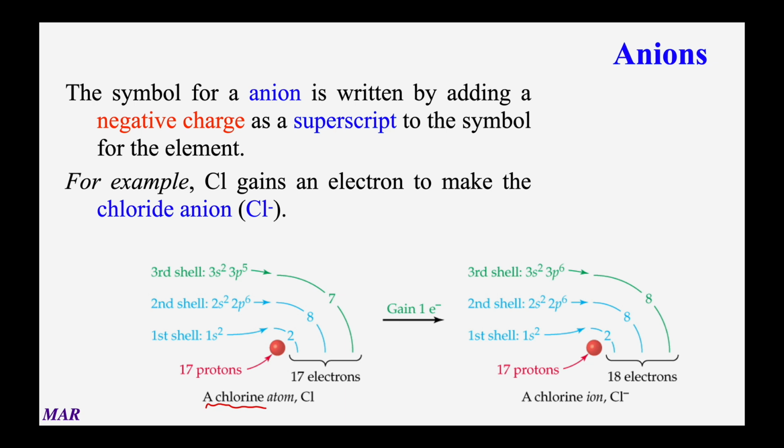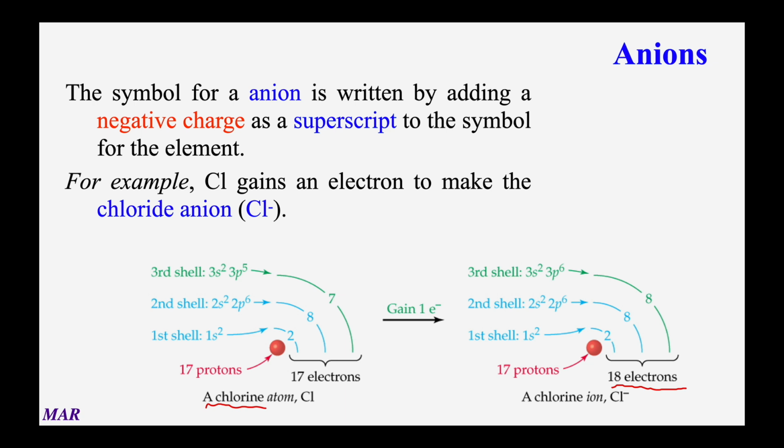However, chlorine likes to gain 1 electron, and when it does, now it has 18 electrons, more electrons than there are protons. So that extra negative 1 electron is going to give it a negative charge.